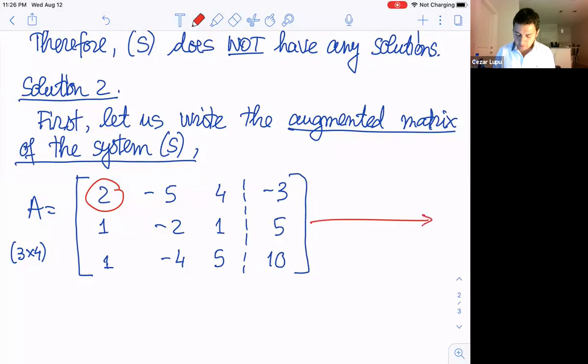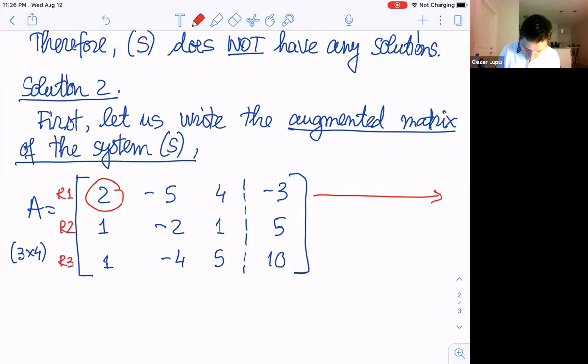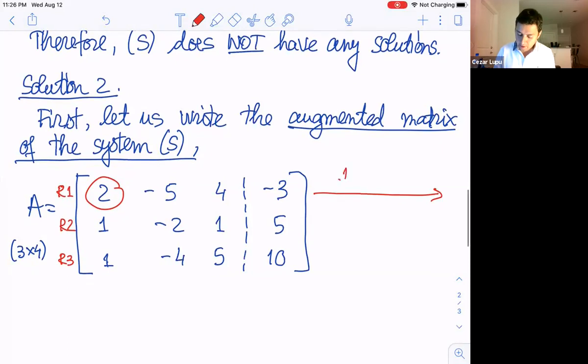I will take, let me do it like this so it's clear. This is R1 here. Keep in mind that this is row 1, this is row 2, and this is row 3. Like I said, we will perform elementary row operations. So 1/2 R1 will become the new R1.